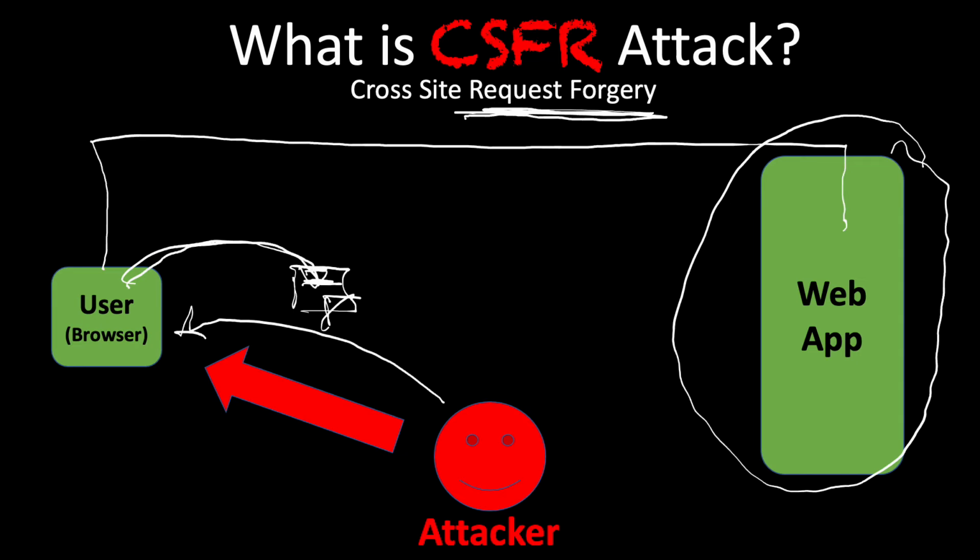What actually happens is that the link will then go to the web application and perform some unwanted actions, for example, causing that web application to transfer money electronically to a different location.